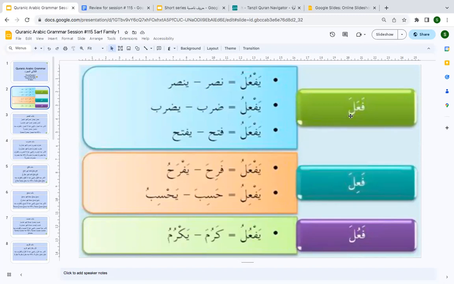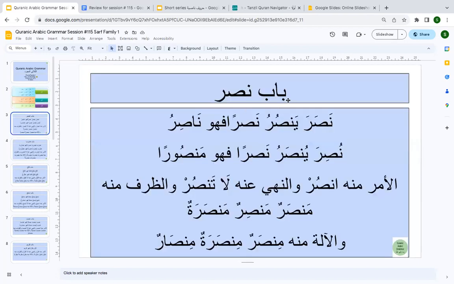When you have Fa'ala, Yaf'alu, the family that we are going to look at is going to be Fataha. Let me show you how. So there is one sub-tribe called Bab Nasara. You all can see that. In Bab Nasara, every word will spell like Nasara.